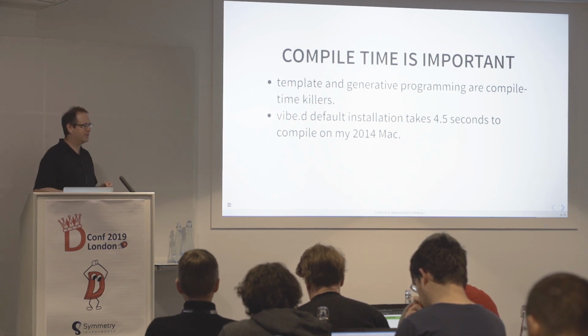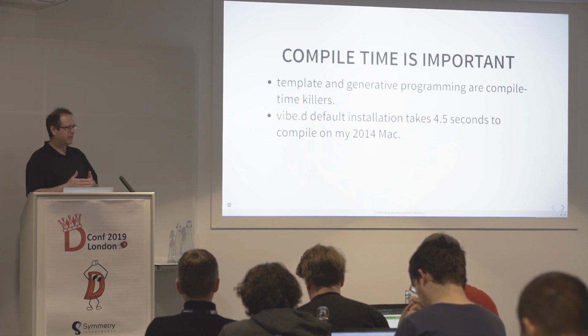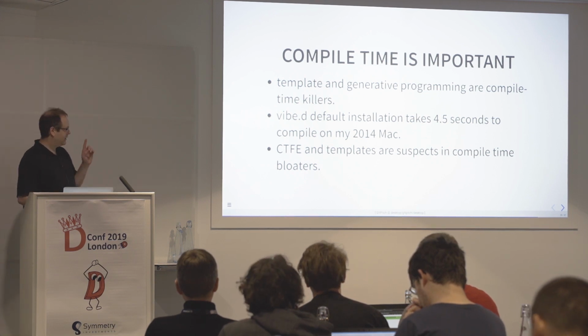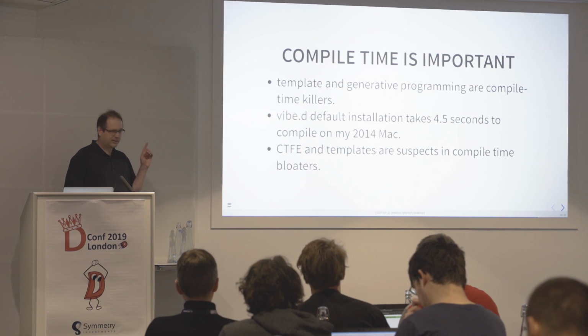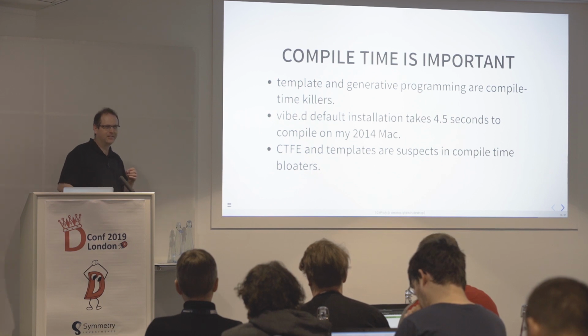That's just the application, which is really, really slow, unfortunately. And that's without any diet templates or anything. But it's doing a lot of generative stuff underneath. CTFE and templates are suspects in compile time bloating. I'm really hoping that new CTFE will fix a lot of these issues.